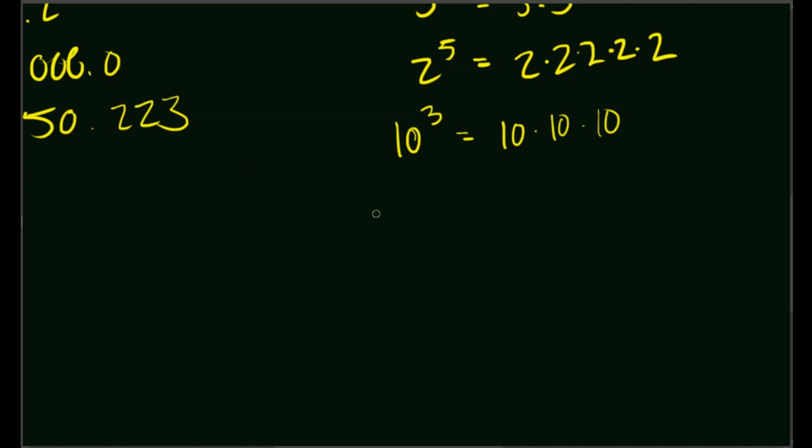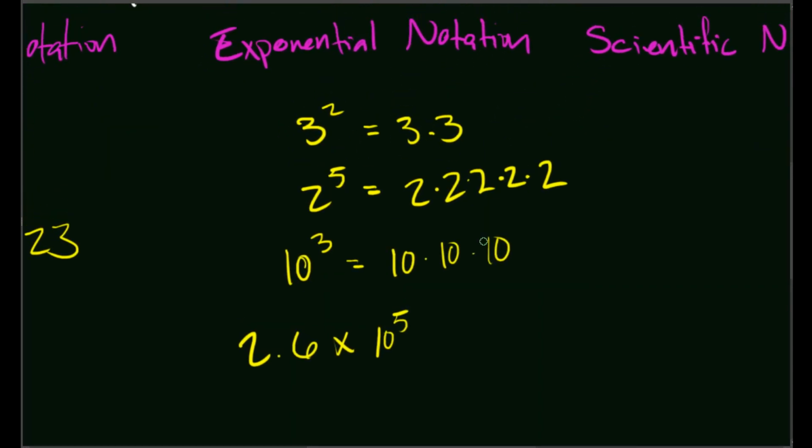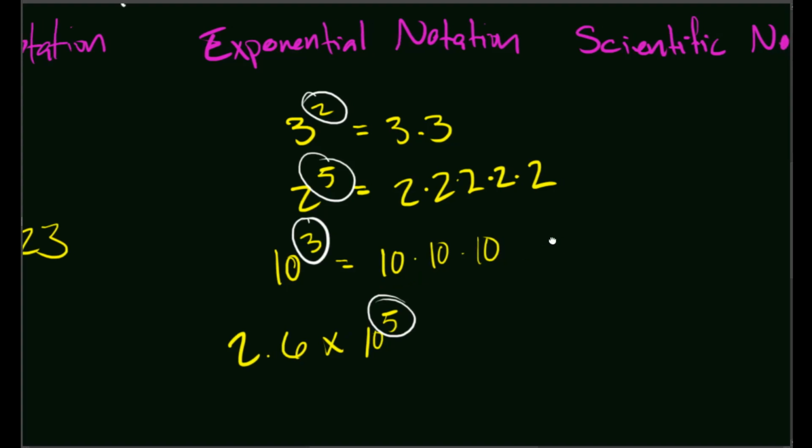Or maybe we have another number, 2.6 times 10 to the power of 5. Right? So are these all exponential notation? Yeah, because we have exponents in all of them.